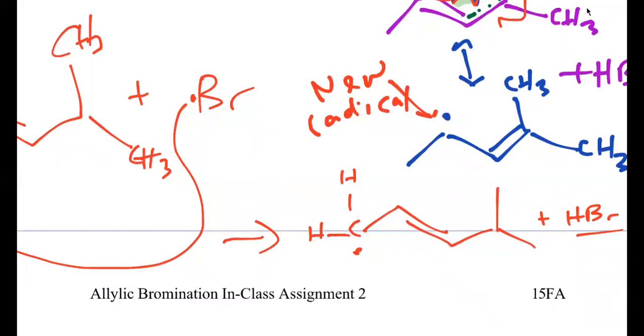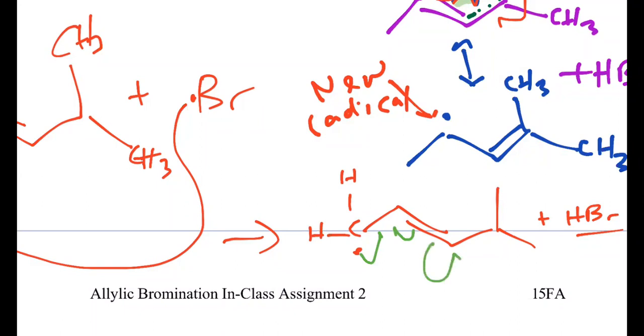Now, you've got a radical right there. What's going to happen to it? You would have to rearrange it. It's going to do resonance, right? If resonance is possible, it's going to happen. So what are the arrows going to look like? You would move the radical into the sigma bond next to it, and then the pi bond you would put to the sigma bond next to it, and then also draw another arrow from this pi bond.